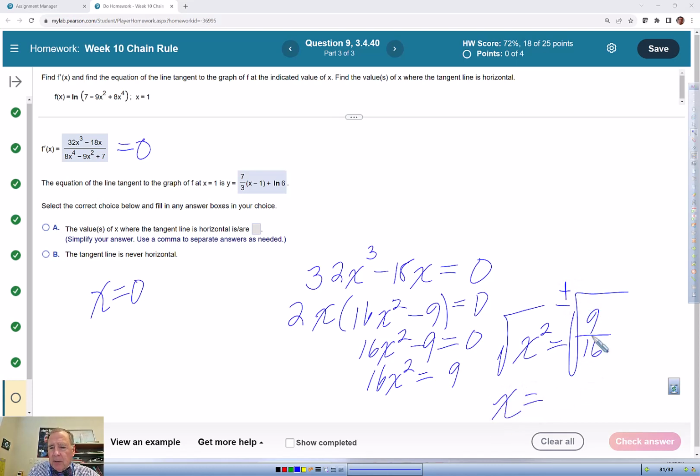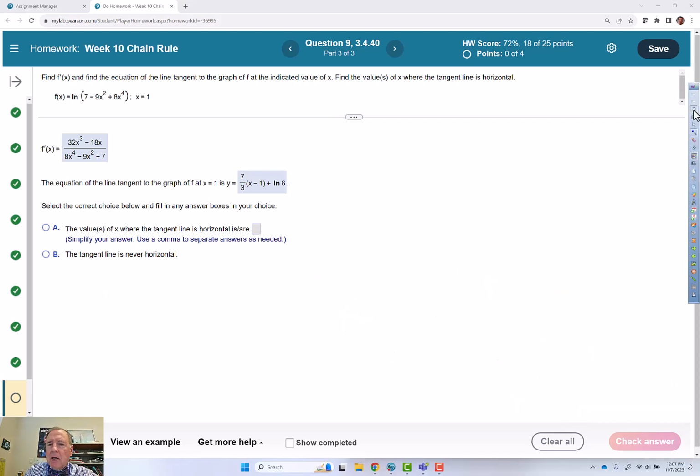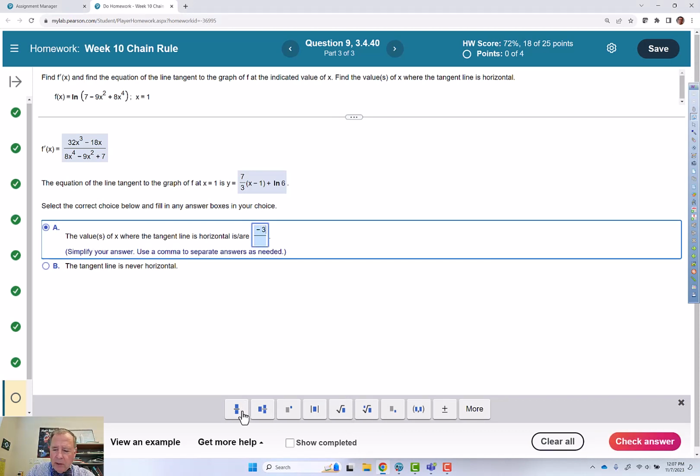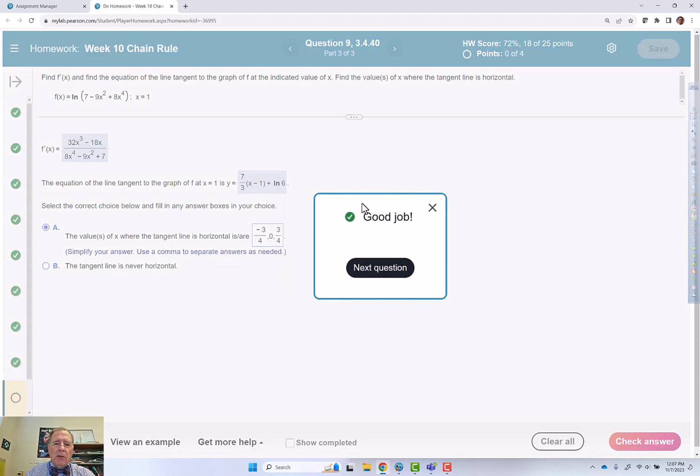So that's going to be plus or minus 3/4. I'll go put those in. I like going in numerical order, negative 3 over 4, comma, 0, comma, positive 3 over 4. Check answer. Good job.